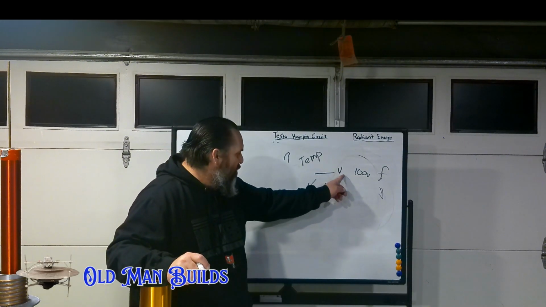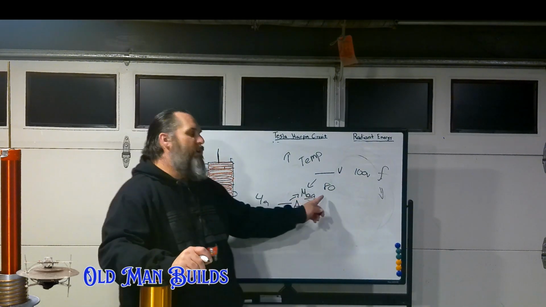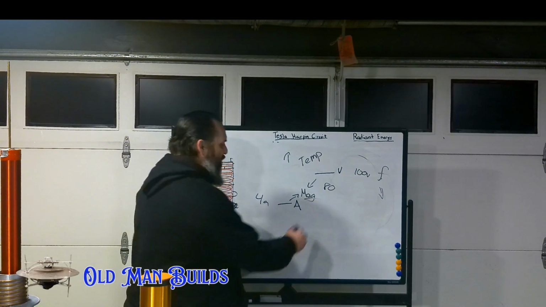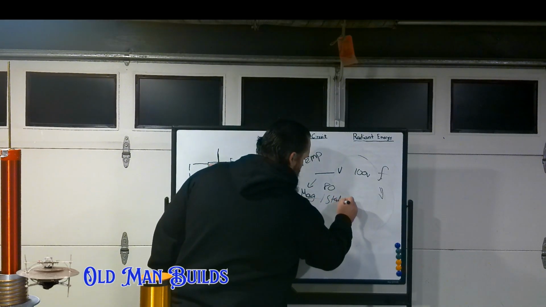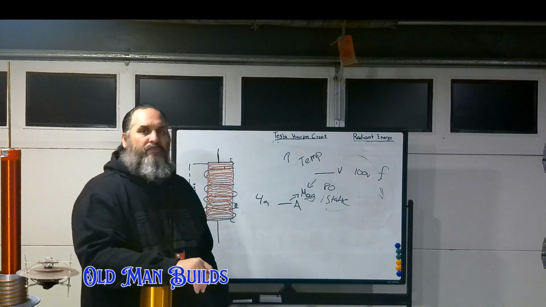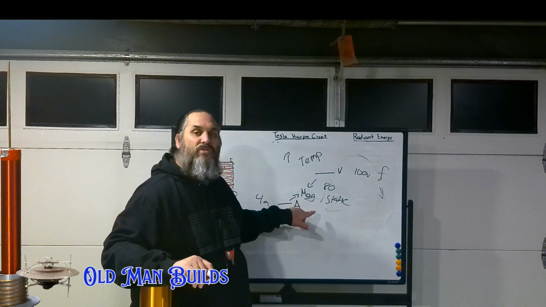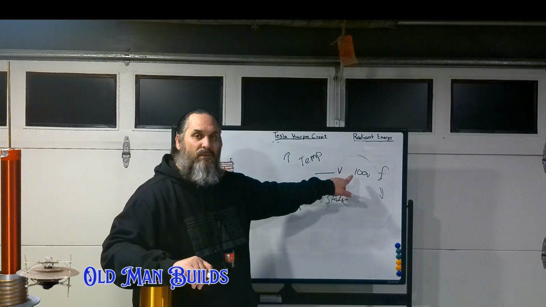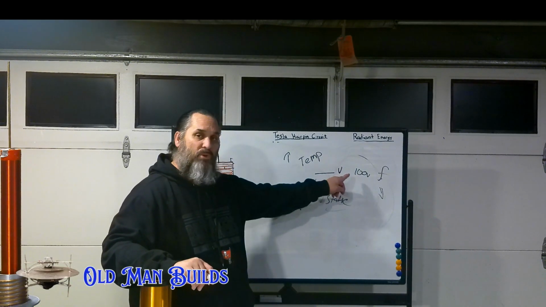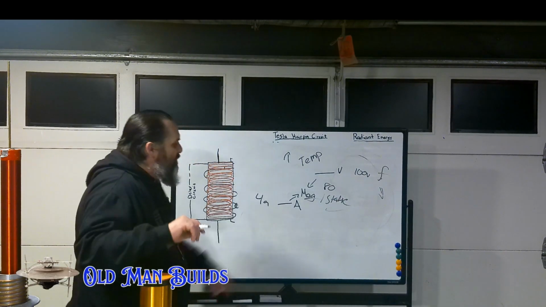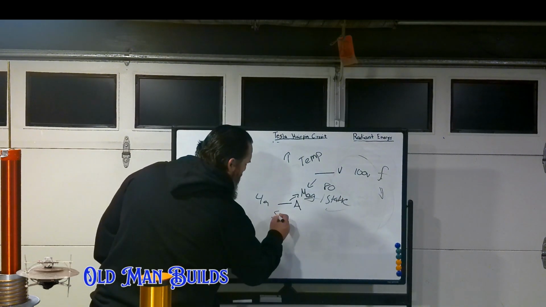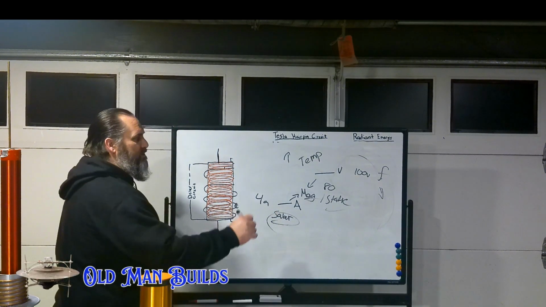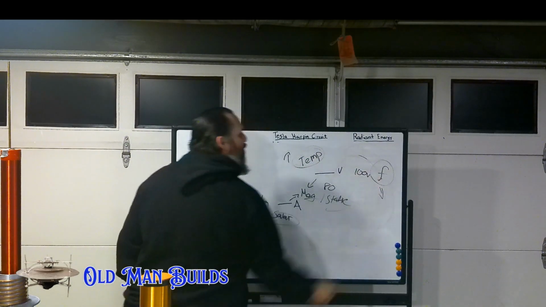It requires voltage and amperage to create a magnetic field. That magnetic field is also your static field. How do I know that? Because I still have a very small amount of amperage with a very high amount of voltage to create static. It still is going to require both. But this amperage field is not a magnetic field. It is a scalar field. It builds out with temperature and frequency.